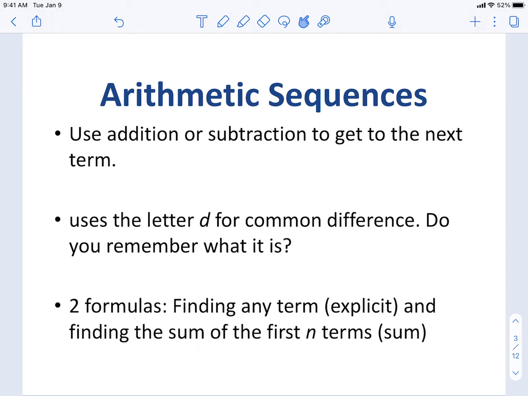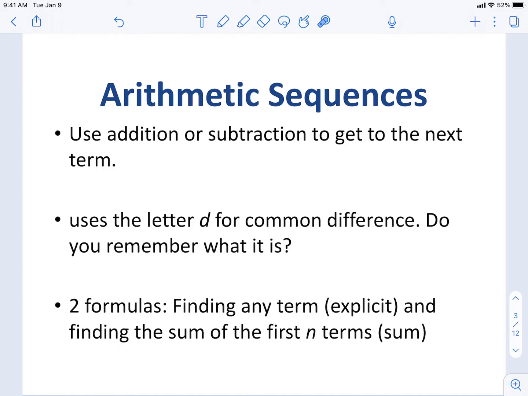All right. Arithmetic sequences. There's 2 important types of sequences that we cover. One is arithmetic, one is geometric. Arithmetic is an adding or subtracting sequence. You add or subtract to find the next term. The number that you're adding or subtracting by is known as the common difference, and we denote that as a lowercase d. And we really have 2 formulas with this.